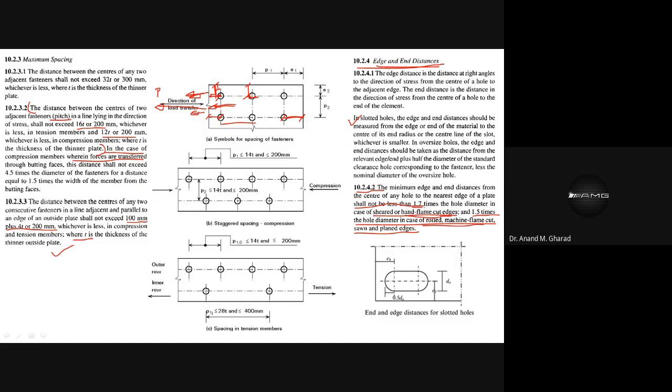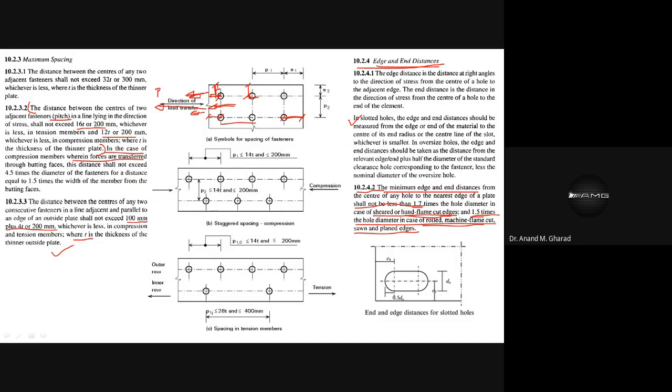So unless and until we know the method of edge preparation of the plate, we are supposed to assume the minimum edge and end distances to be either 1.7 times or 1.5 times. Is this okay? Because we will require the reference of this minimum edge and end distances whenever we will be solving any numerical. Okay, is this okay?